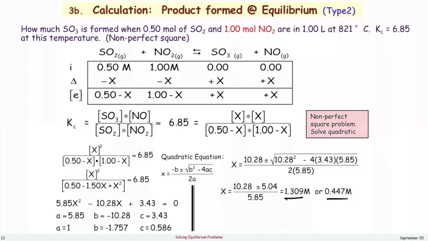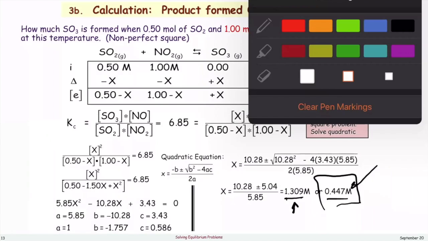If I've got 0.5 and I subtract 1.309, that doesn't make sense because I would get a negative concentration at the end. If I've got 0.5 and I subtract 0.447, I get a positive concentration at the end. So this is the correct answer, 0.447. All you've got to do now is stick in 0.447 in each one of these.